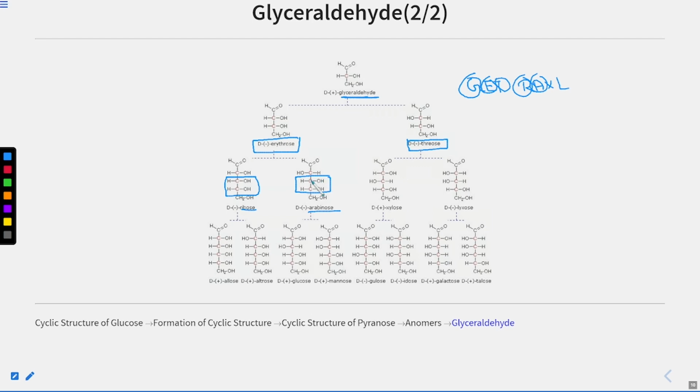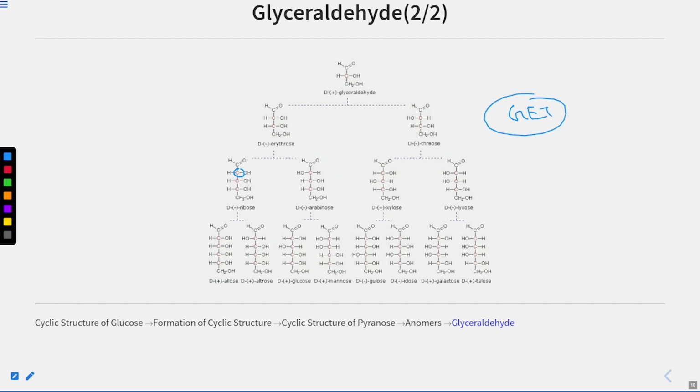We will only change the position of the OH group of the carbon which is being newly introduced. Here you can see that we have introduced this carbon. Therefore the group on the left side is replaced with OH on the right side, and the group on the right side is replaced with OH on the left side. So we are done with GET, we are done with RA.